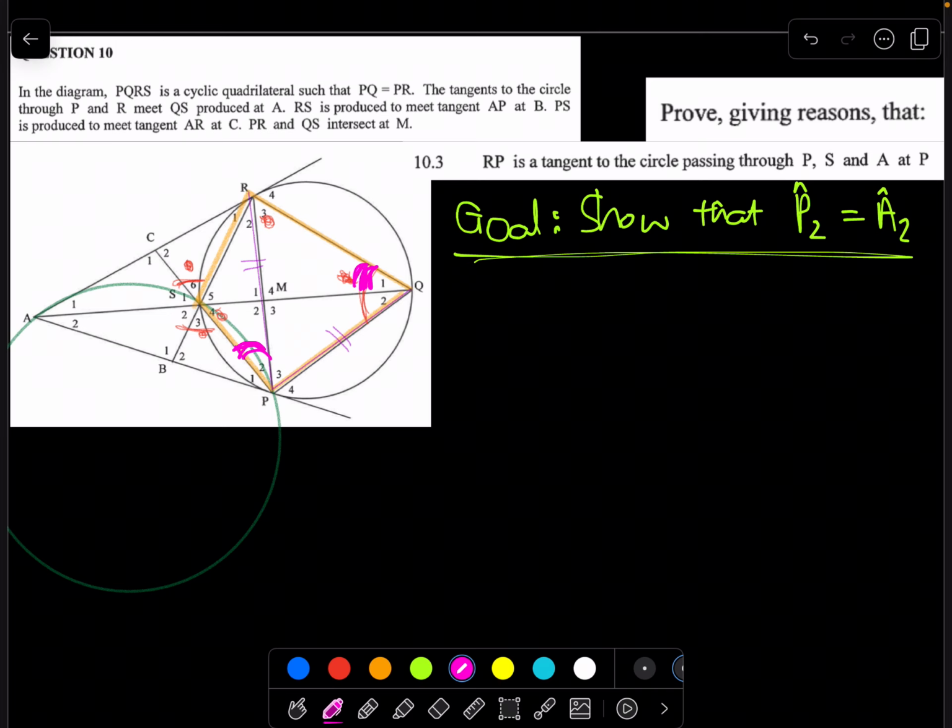P2 also has a relationship with R1 because tan chord. Does R1 have a relationship with someone else? Doesn't immediately look like it. Does Q1 have a relationship with someone else? Also doesn't immediately look like it.